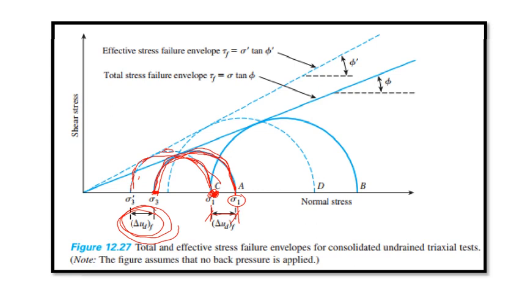We can shear this specimen until it fails and determine the total stress circle at failure of the specimen. So, ito magiging second specimen natin. So, ito magiging sigma 1.